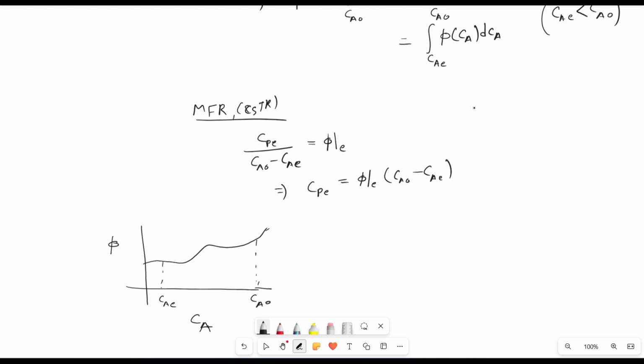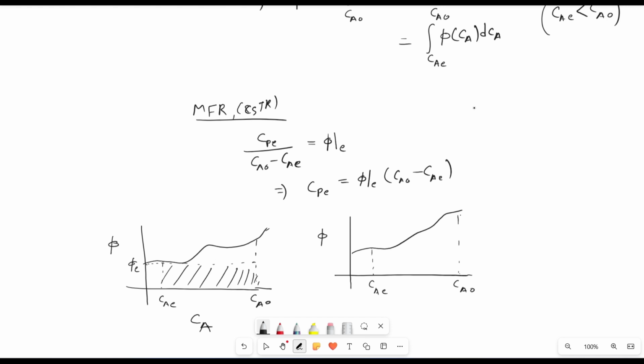From this expression, this is the exit, phi exit. If you use MFR, then this is the value of product formed, which is less. But for this same case, if you use a plug flow reactor, with this Cae and this Ca naught, the product formed is more.